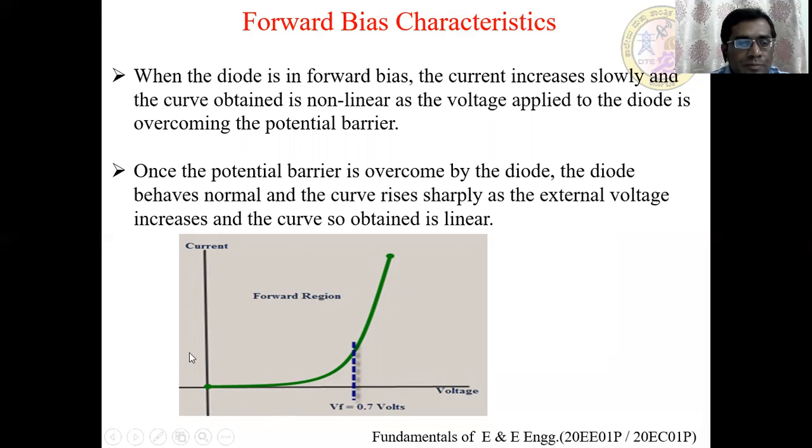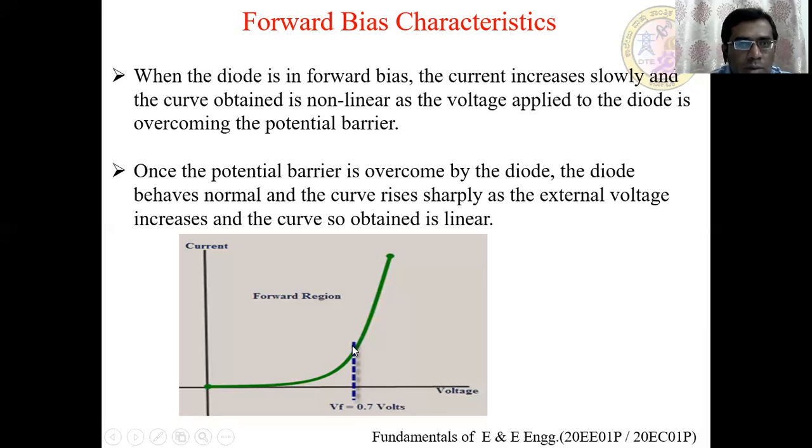See in the graph, the y-axis is the current and the x-axis is the voltage, and up to this point the voltage is 0.7 volts. Up to this the curve is non-linear, and this is the threshold point.